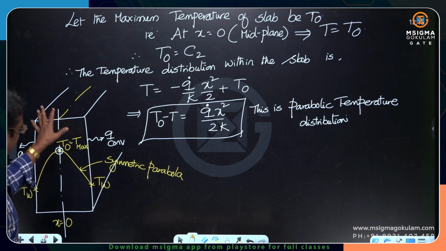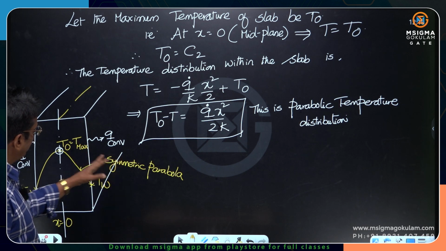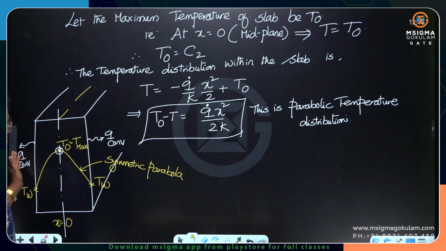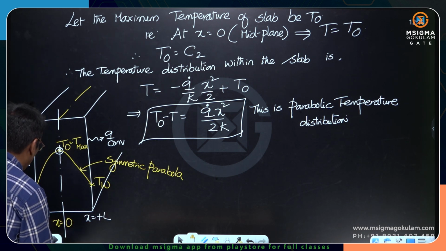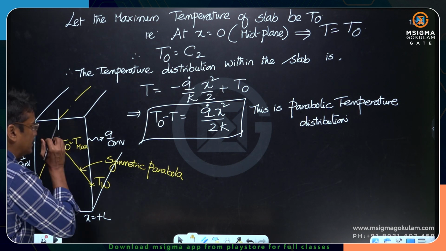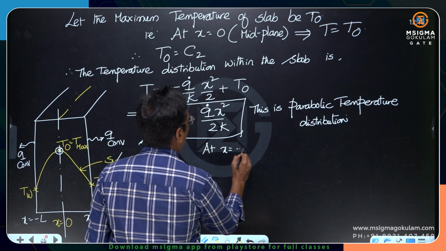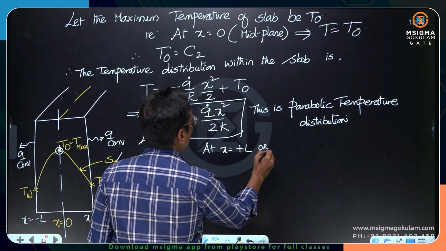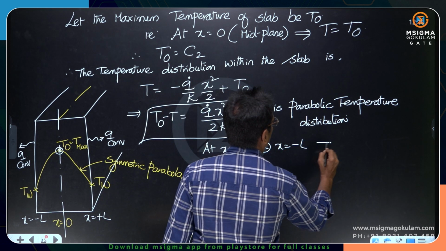Of the total heat generated in the entire slab, 50% heat is convected from the right side and 50% heat is convected from the left side. Now if you put x equal to plus L or minus L, the first boundary condition, and substitute here, what is the temperature?